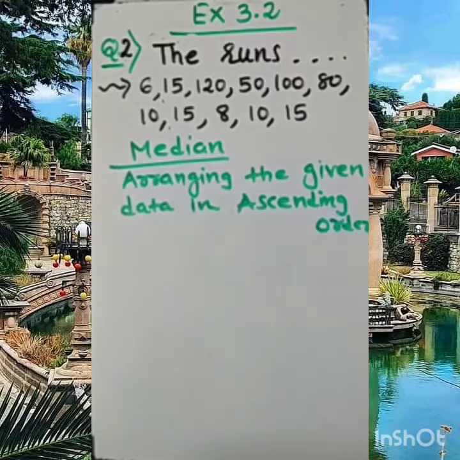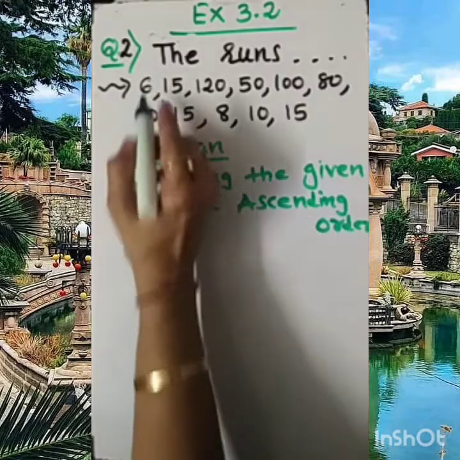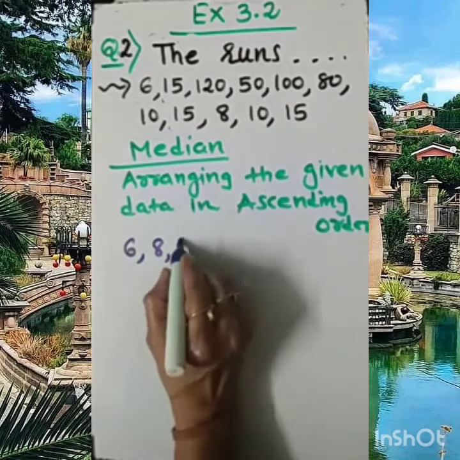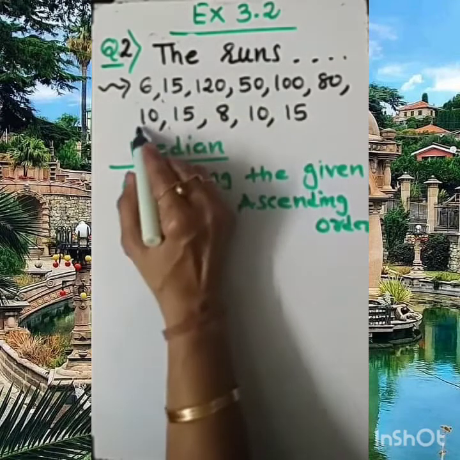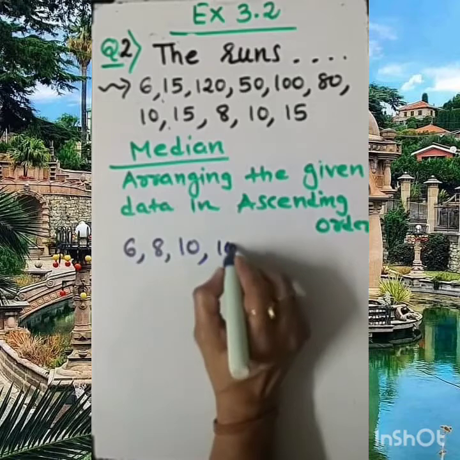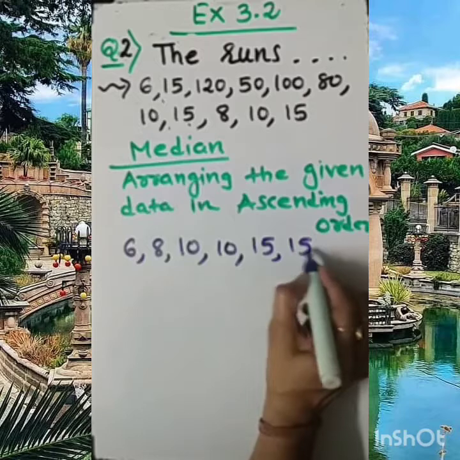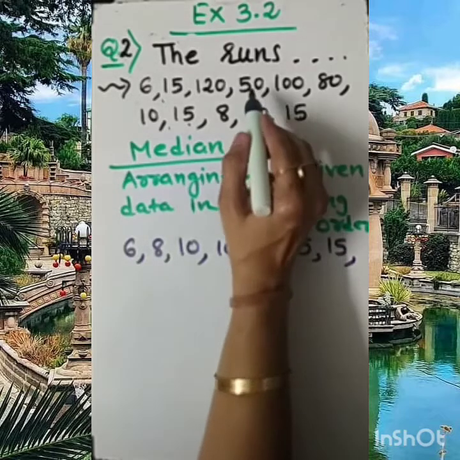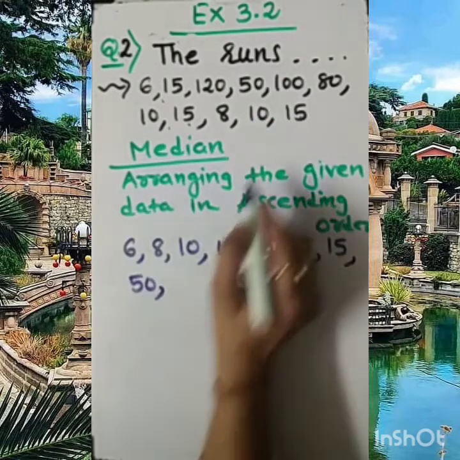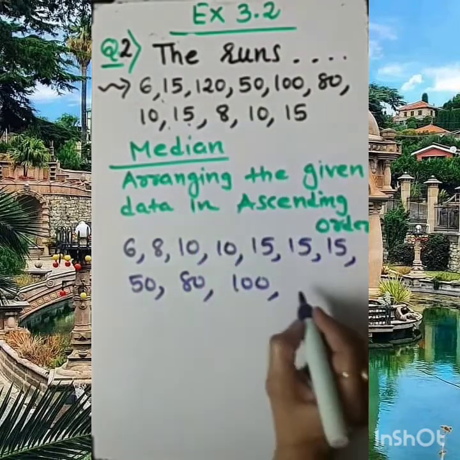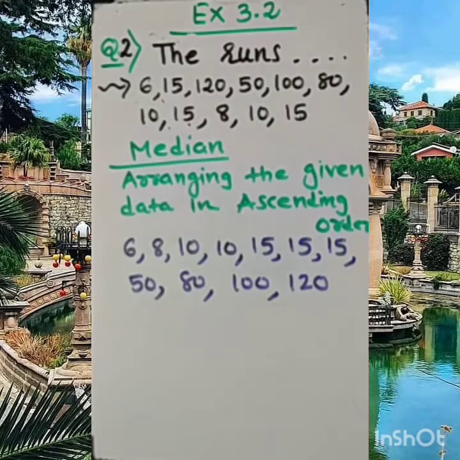First of all 6 is the least one, then 8, then 10 two times, 10 10 here, then 15 15 15 three times. Immediately after 15, 50 is there. Then after that 80, then 100, and then 120. This is the easiest procedure to arrange the given data in ascending order.